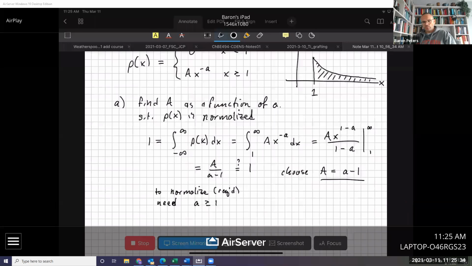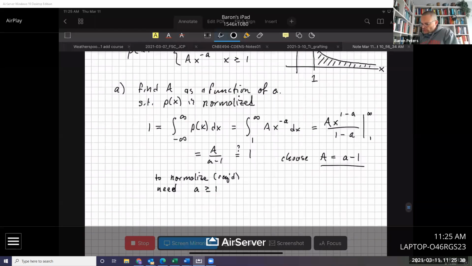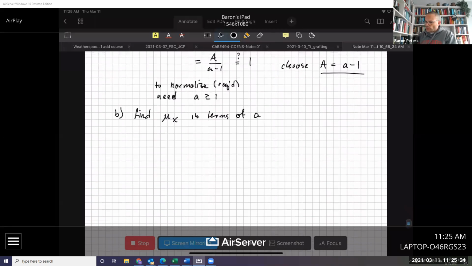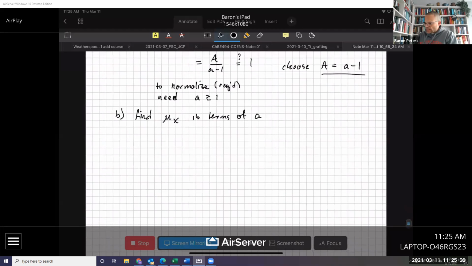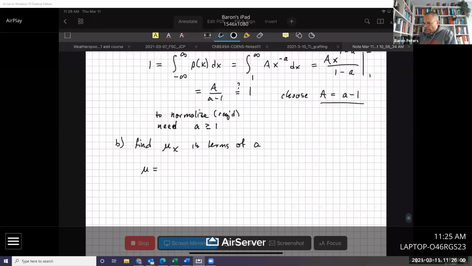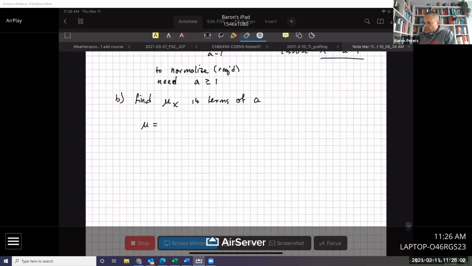Okay. All right. So let's go on and do part B. So in part B, we're supposed to find the mean of this variable x in terms of A. All right. So we know how to do that. Let's say that mu is going to be equal to the expectation value of x itself.